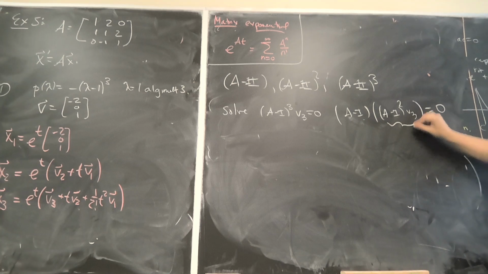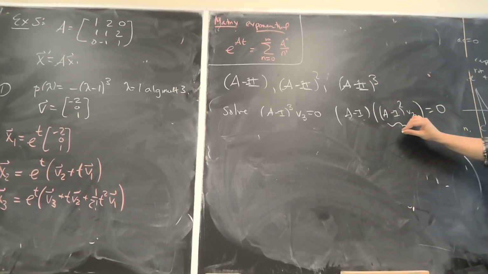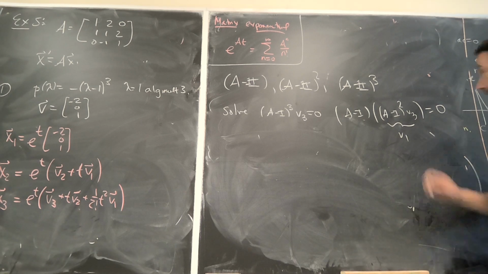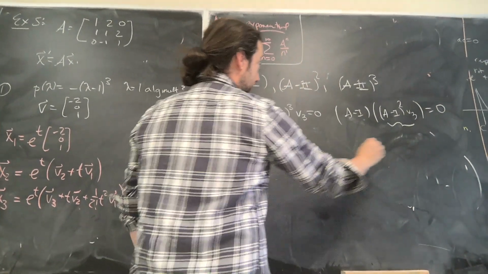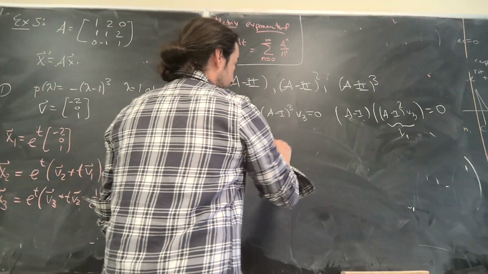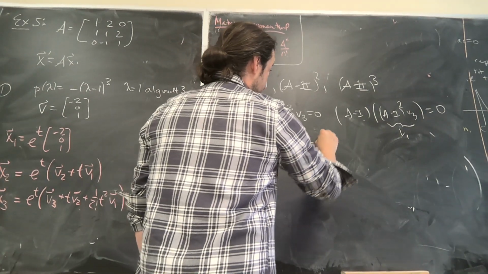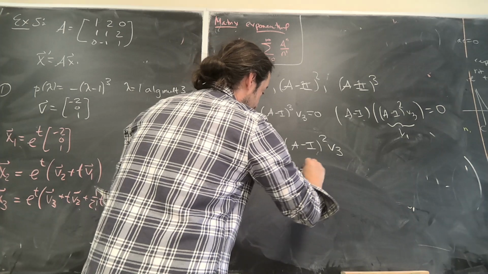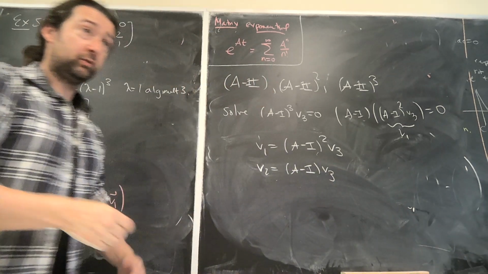So that means that's an eigenvector right there. So I'm going to call that v1. And then v1 is going to be A minus I squared v3, and v2 will just be A minus I v3, the sort of intermediate vector.